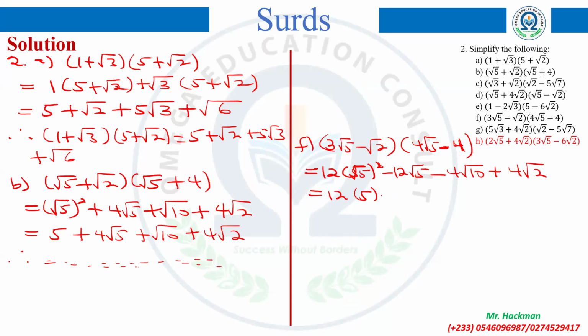Then minus, please, do you all agree? Yes, please. Very good. So 4 root of 2. If you don't agree, let me know. So 12 times 5 will give us 60. At this point, you can draw your conclusion here.